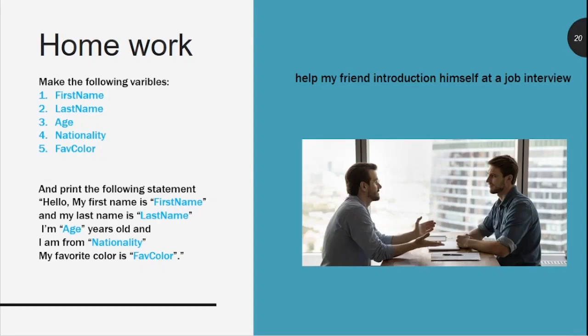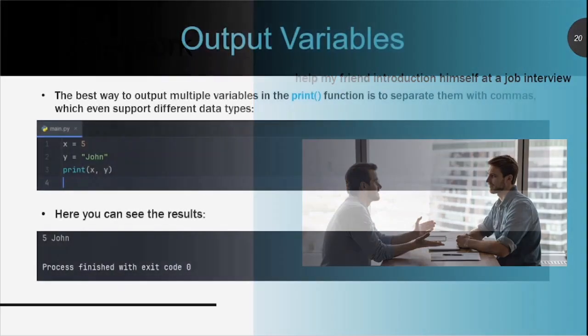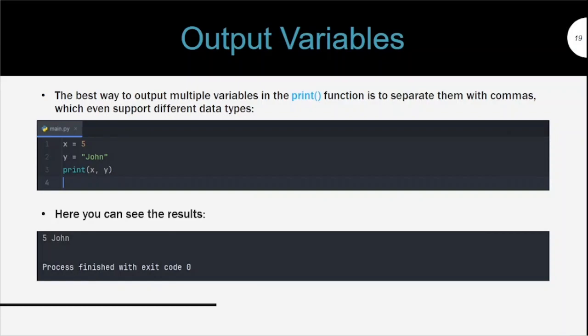You can change them too, don't worry. And my last name is, last name, I'm something years old, and I am from the name of a country. My favorite color is, then you put the favorite color variable. As a quick note, here you can use commas to separate the sentences and the variables, as you can see here.